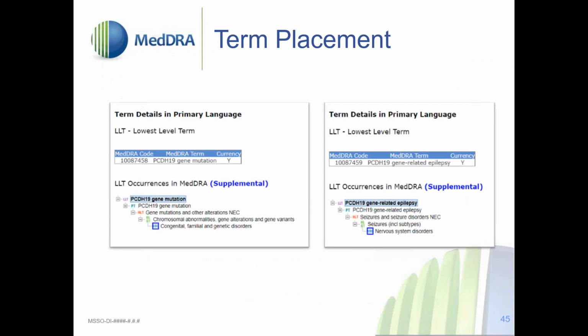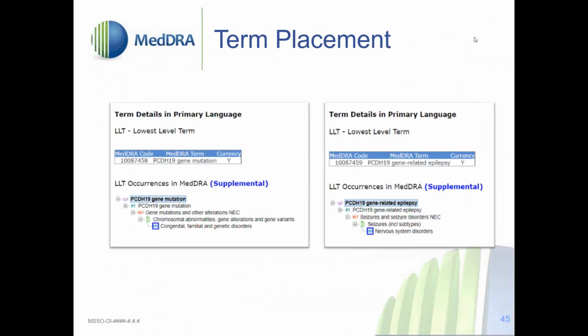So that means we do have the gene mutations in the congenital SOC, and a few versions ago we modified the HLT names for some HLTs. So we do have here a gene mutation and other alteration for genes in the congenital, and then the related diseases are not linked to the congenital because they occur sometimes only in adult time.